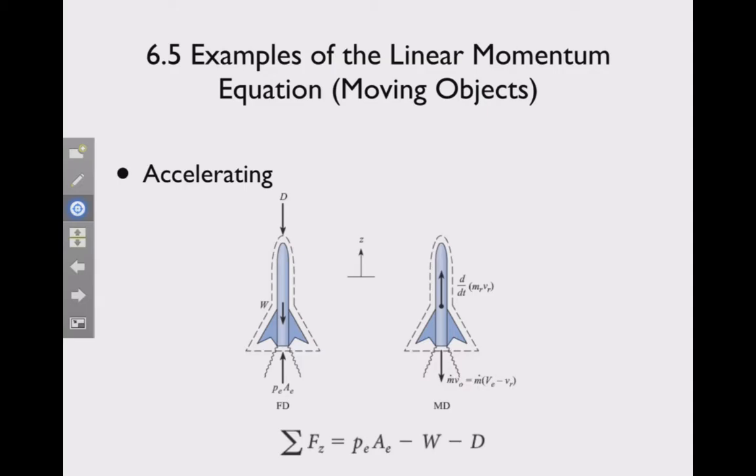But what is very key here is the accumulation term in the momentum equation, the total derivative with respect to time of the mass of the rocket times the velocity of the rocket. That is actually not zero in this case because the rocket is accelerating.